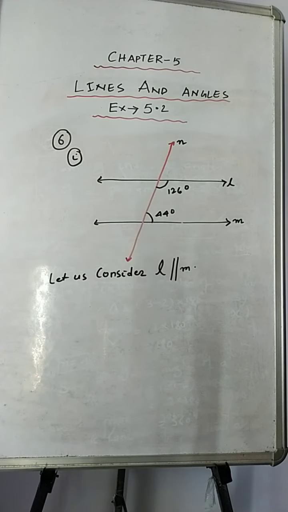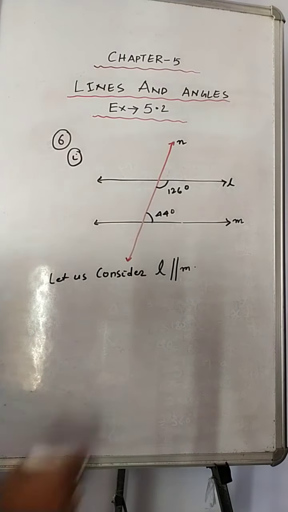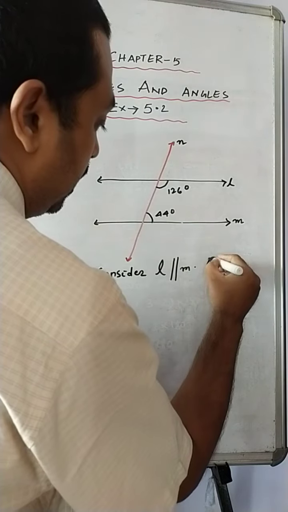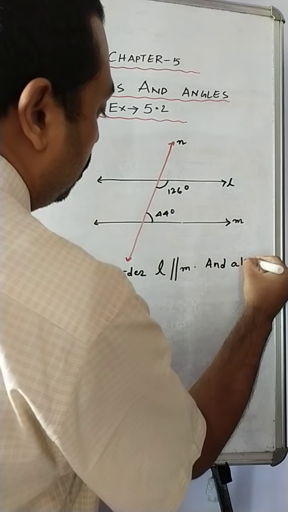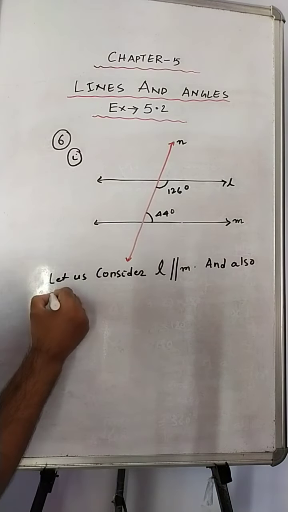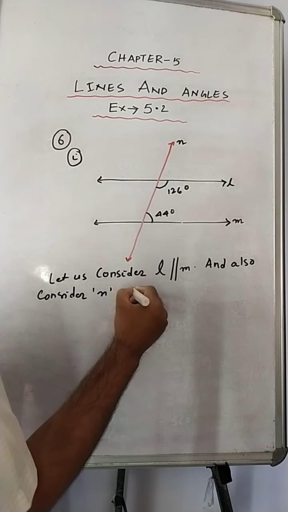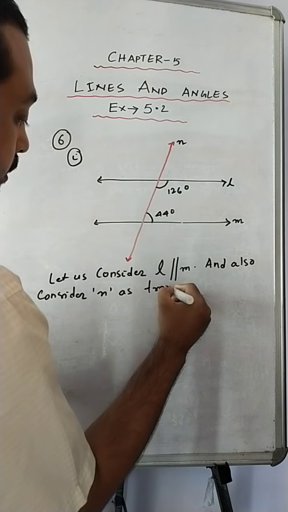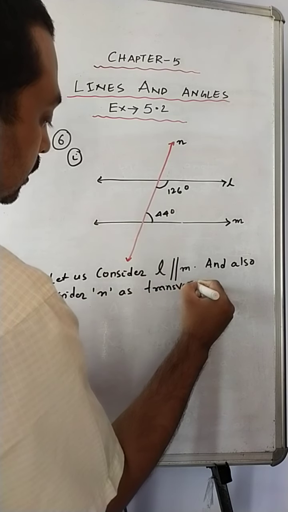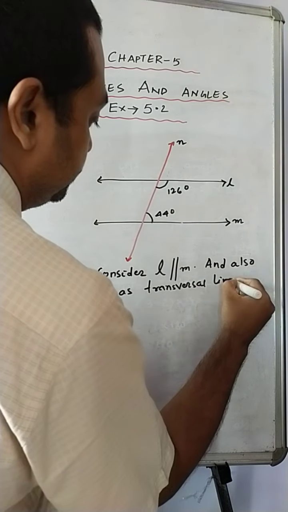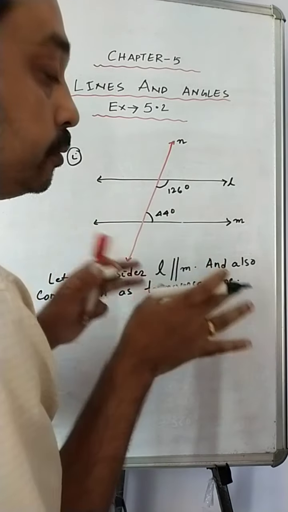Okay. Now, we'll also consider N as a transversal line. Fine. So these 2 things we have assumed.